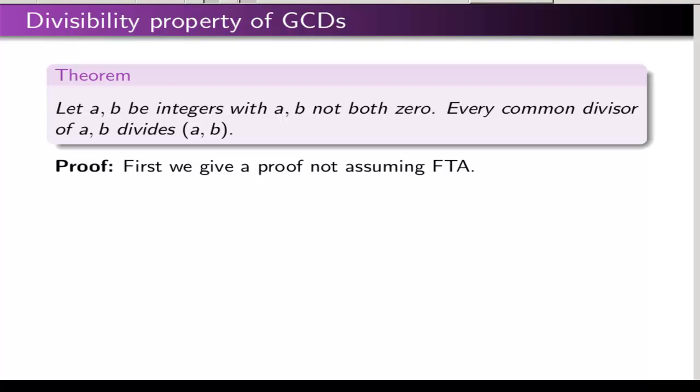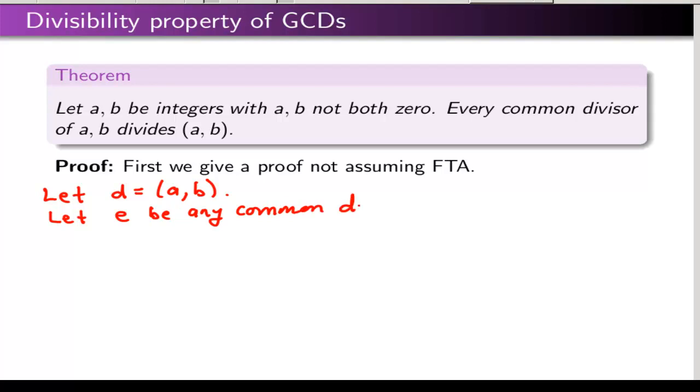Okay, so let's let D be the greatest common divisor, and take a look at some other common divisor. So let's let E be any common divisor of A and B.